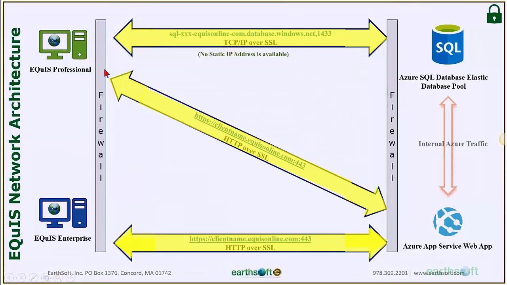When you're using an application level security account, which allows you to log in using your EQuiS Enterprise account into EQuiS Professional to your SQL Server database, that travels over the HTTP protocol, as well as when you connect just using EQuiS Enterprise, that also travels over HTTP. All three connections, as we will discuss a little further, are secured using SSL technology.